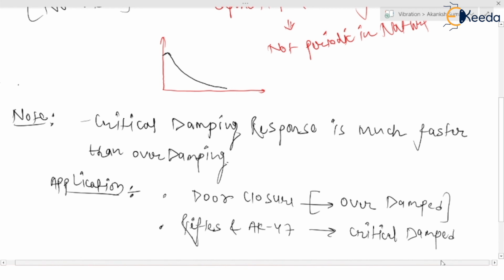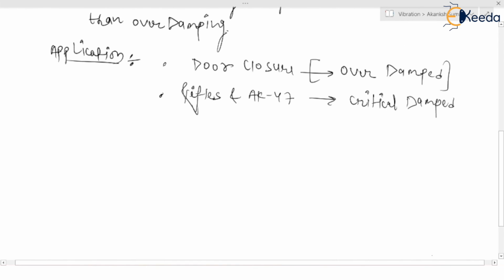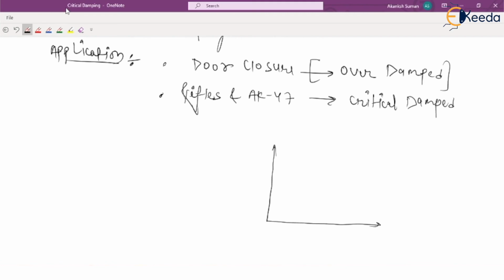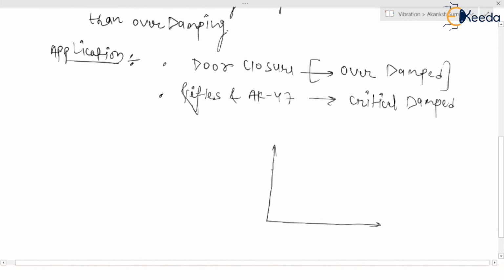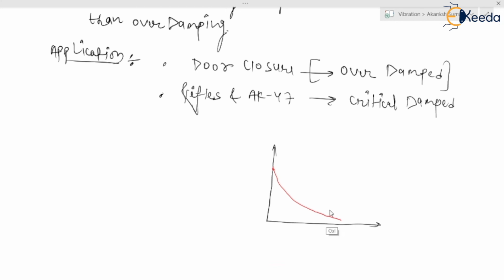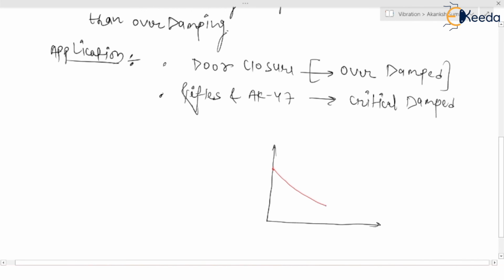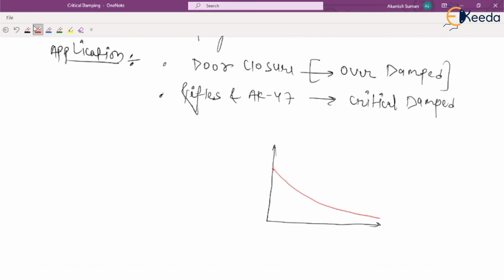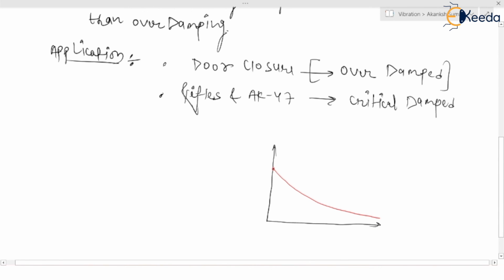So when you compare the critical damping and the over damping, let me compare both of these because both represent no vibrations and the graphs of both the damped systems are very similar to each other. So I'm just representing the comparison graph. This is the graph of the overdamped system. You can see here it will go up to infinity, and the graph of the critical damped is this.